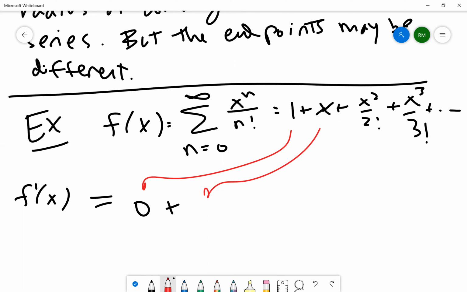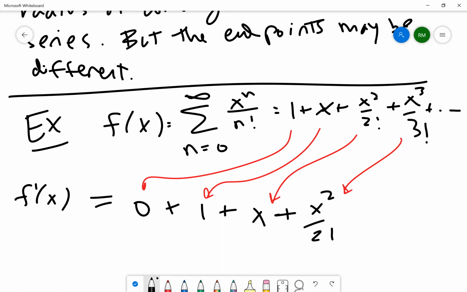The derivative of x is just 1. The derivative of x squared over 2 is just x. The derivative of x cubed over 3 factorial is x squared over 2 factorial. And what do you notice about these two series? You'll notice that they're exactly the same.